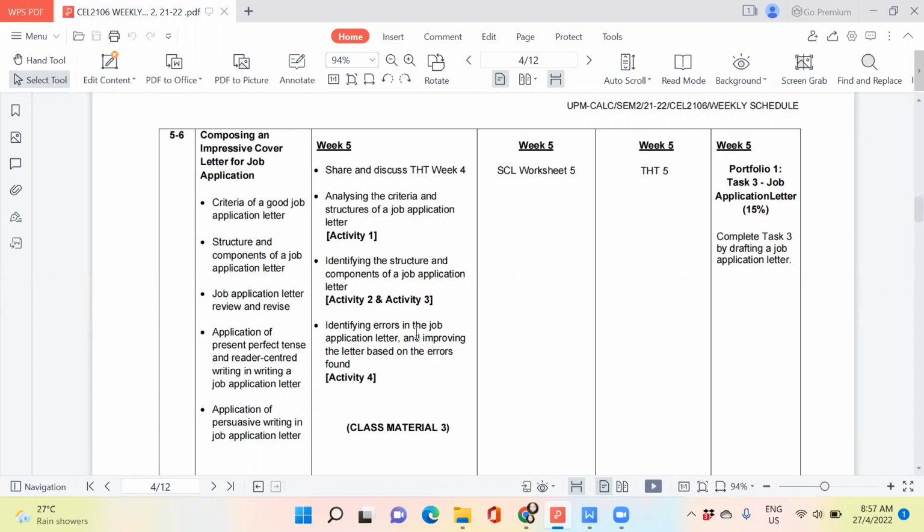For example, if you're applying to be a pharmacist, and you have the qualifications or degree in it, your particular cover letter has to include details about how you wanted to be a pharmacist, how you can contribute to the company, etc. But the rest of the cover letter can have the same structure, just the part where you are trying to promote yourself to the company is where you have to tweak a little bit. Tweak means change a little bit, all right?